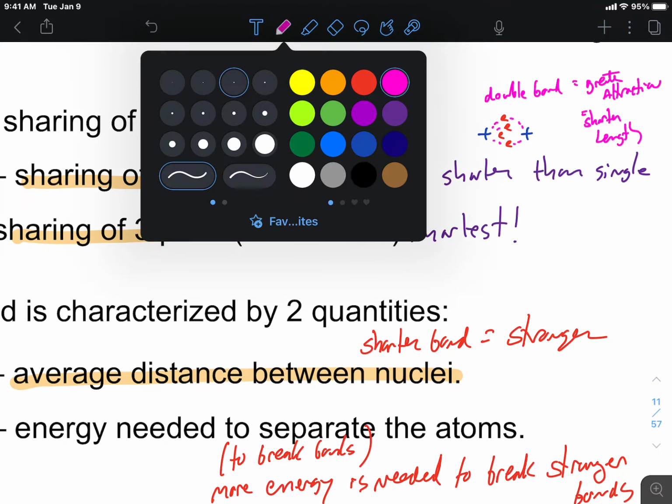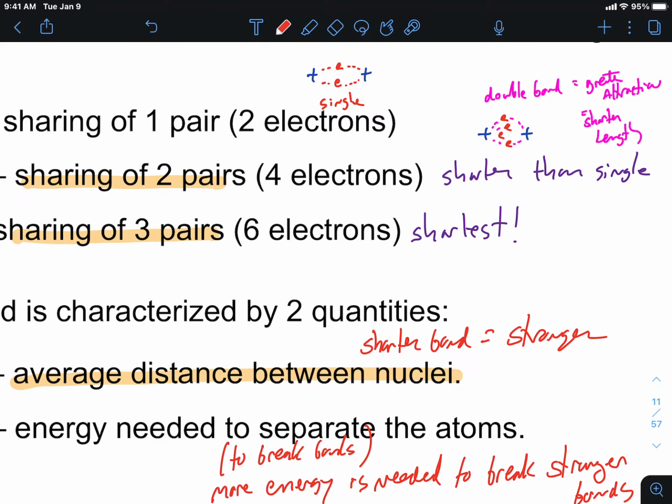And of course, if we have a triple bond, you have the greatest attraction, and now you have the shortest bond length.